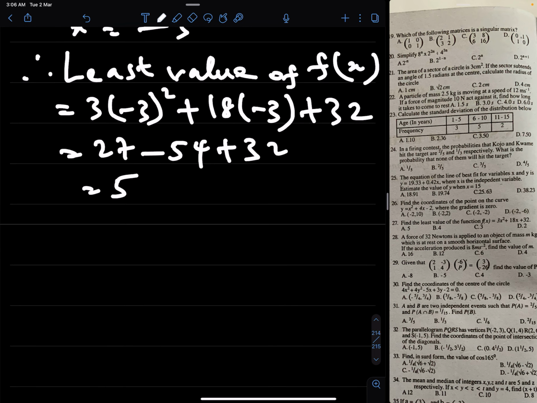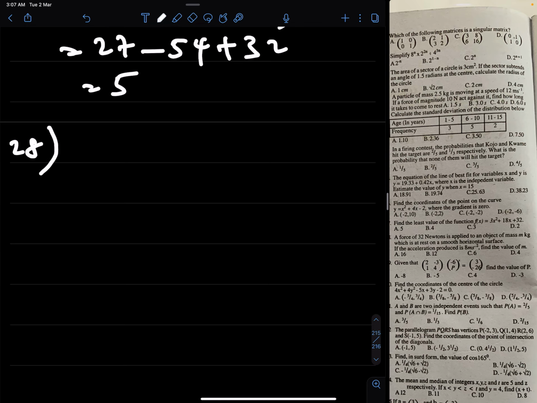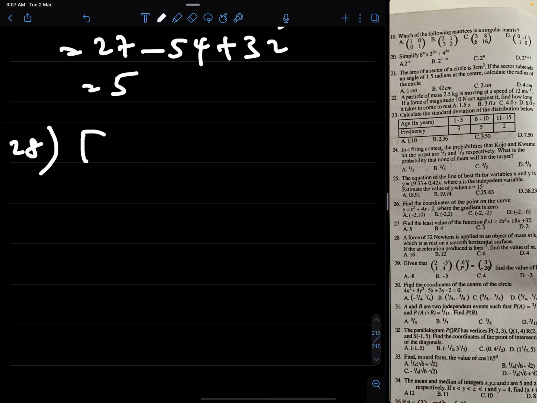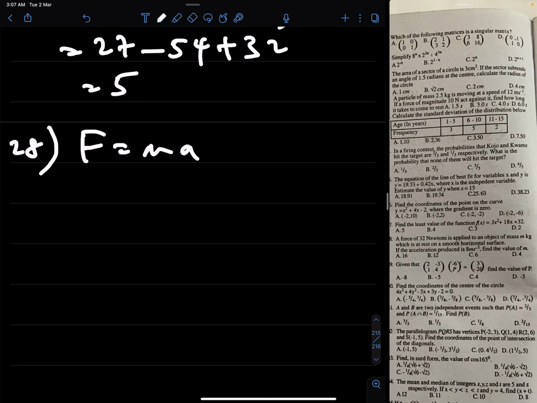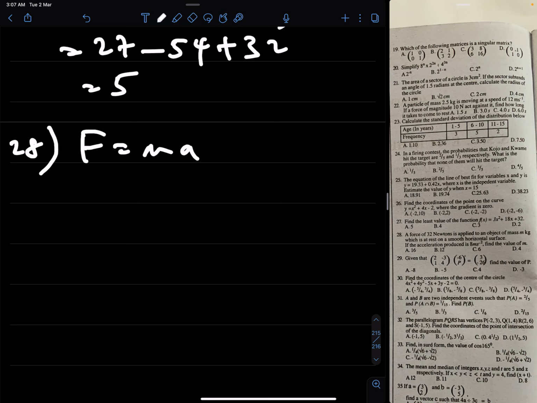So to the next very quickly, the next one is number 28. A force of 32 newtons is applied to an object of mass m kilograms, which is at rest on a smooth horizontal surface. If the acceleration produced is 8 meters per second squared, find the value of m. We know that force is ma. If it's at rest, u is equal to 0.